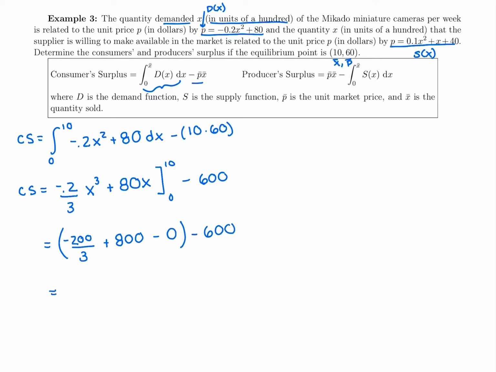So negative 200 over 3 plus 800 gives me 2200 over 3. And then I'm going to subtract 600 from that as my last thing to do, and I'm getting 133.3 repeating, or as a fraction, we could just leave it as 400 over 3.